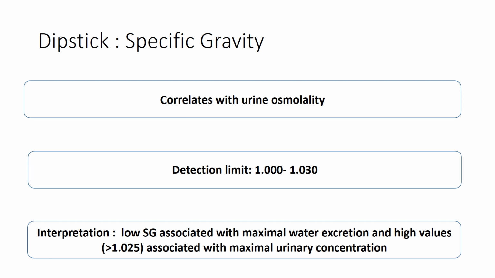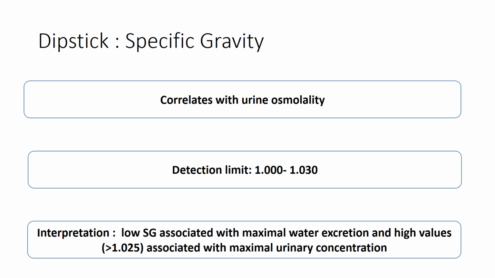So isosmolar specific gravity would be like 1.010. So anything below that would be considered hyposmolar urine, and anything above that hyperosmolar urine.